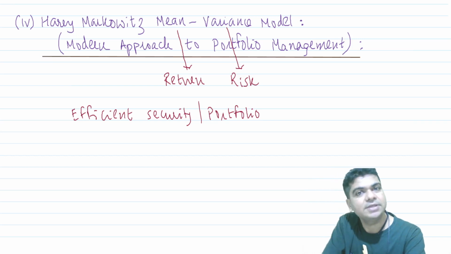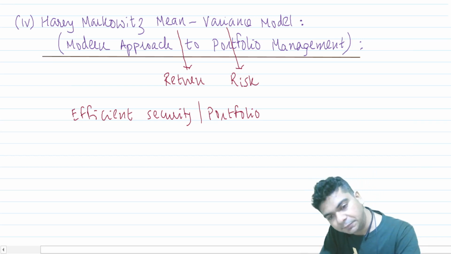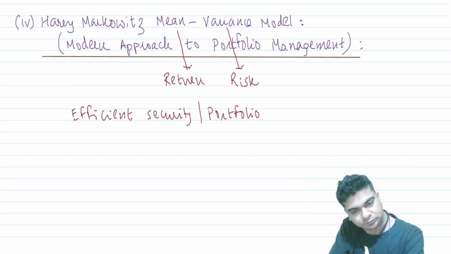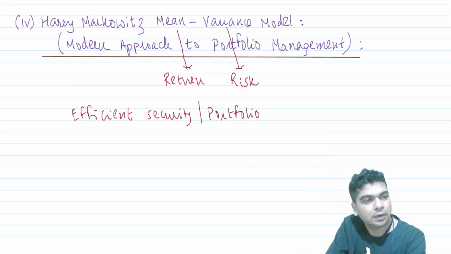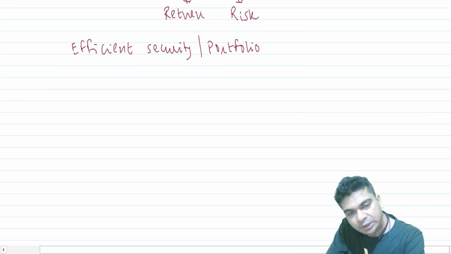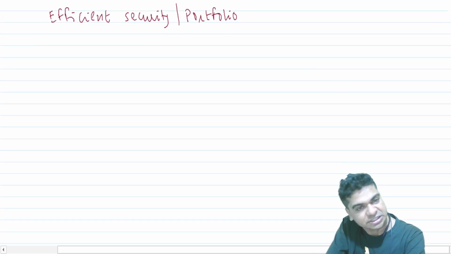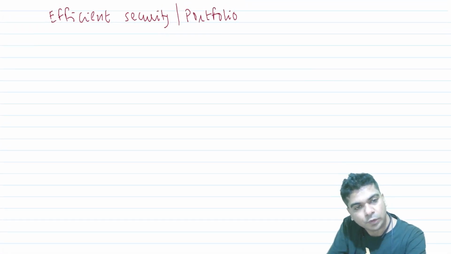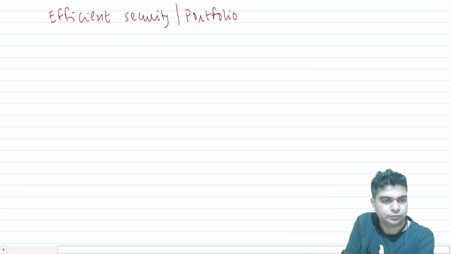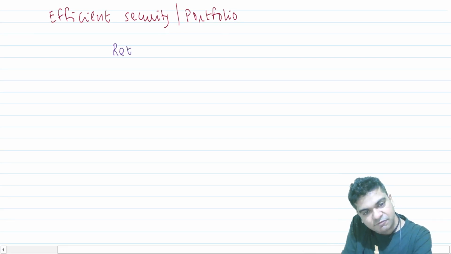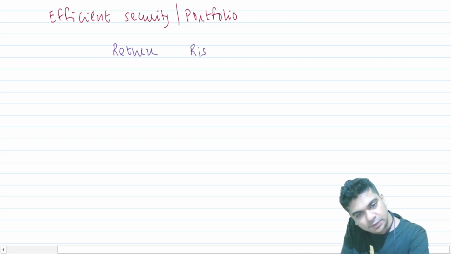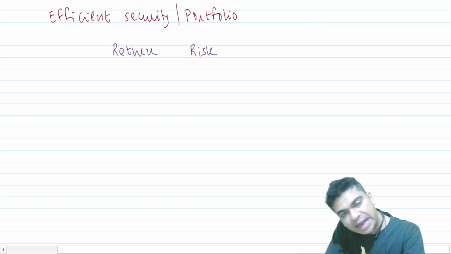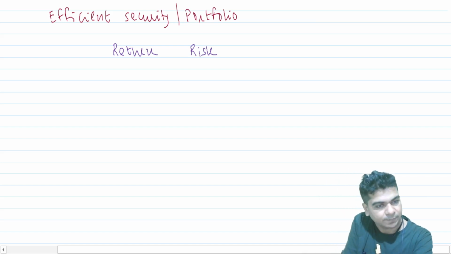We'll take some figures and it will become really clear. Let us try to understand the concept of efficient security or portfolio. As I said, for every security that you have shortlisted, calculate the return and the risk.